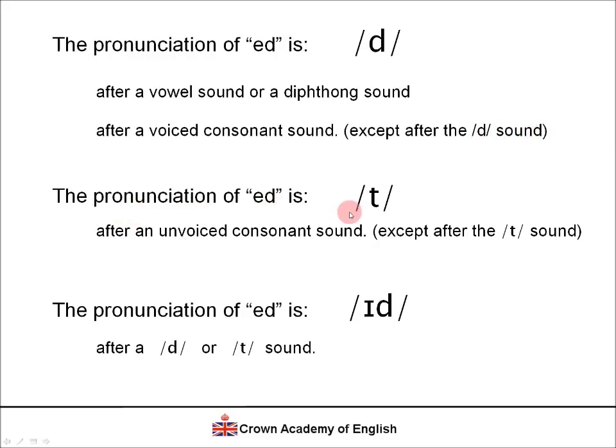We pronounce it as t after an unvoiced consonant sound, again except after the t sound. And we have these two exceptions because here we have a separate rule. So after the d or t sound, then the pronunciation of ed is id, and it creates an extra syllable at the end of the word. Okay, easy, right?